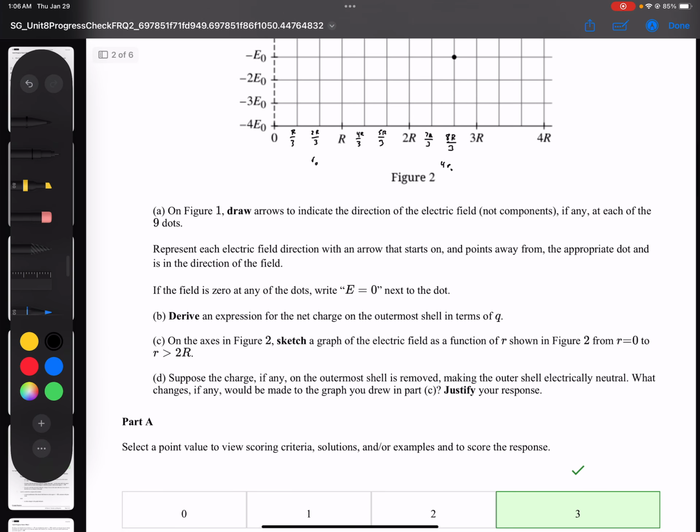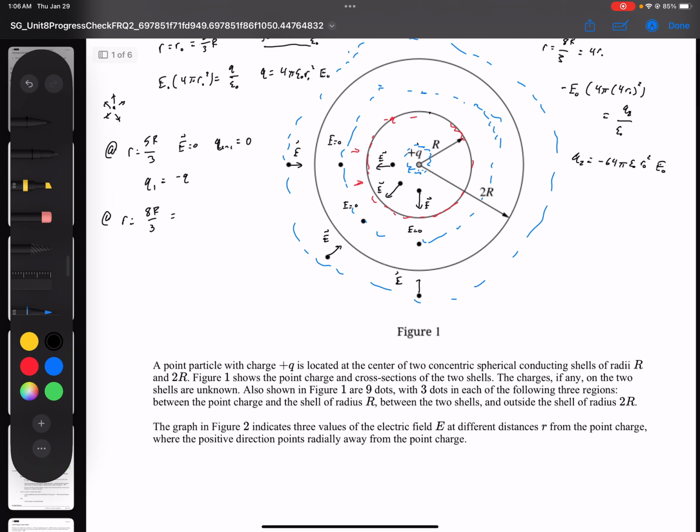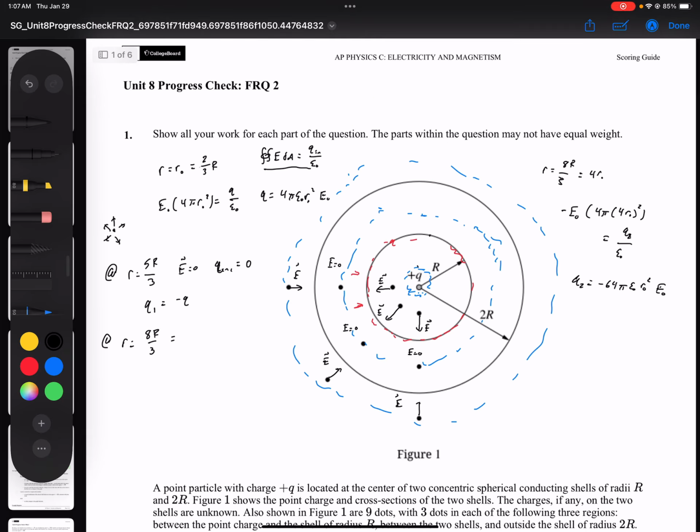So in terms of Q, I know that positive Q has to equal 4 pi epsilon naught R naught squared times E. That's what we just wrote down earlier.